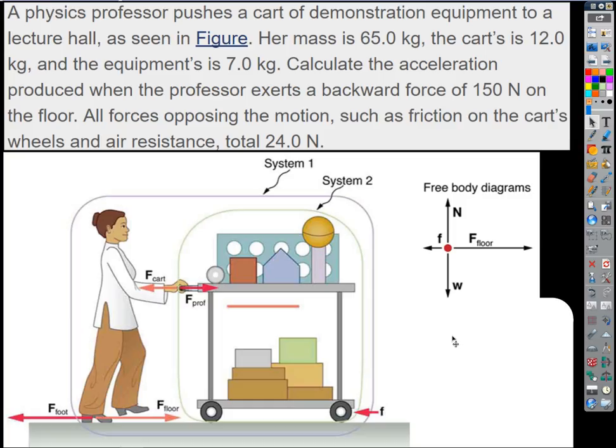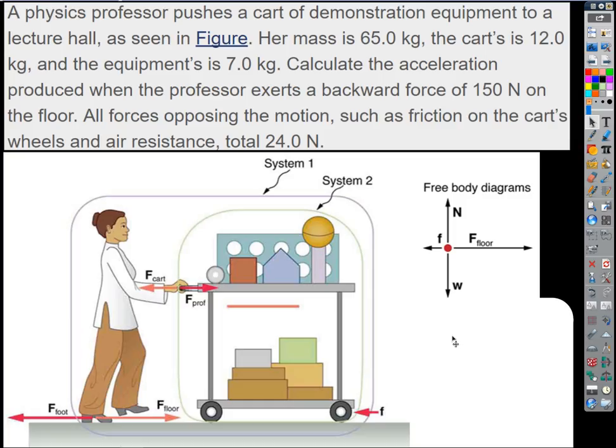But if the forward force of the floor pushing you forward is represented, why isn't the foot on the floor? Okay, because what are we trying to find? We've got to be specific here, but it's strongly implied that we're trying to find the acceleration of the professor and the cart and all the supplies, and not the acceleration of the earth. Does that make sense? So this is the force that's going to tend to roll the earth backwards a little bit.